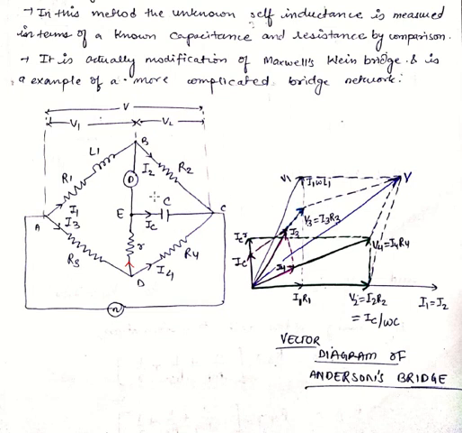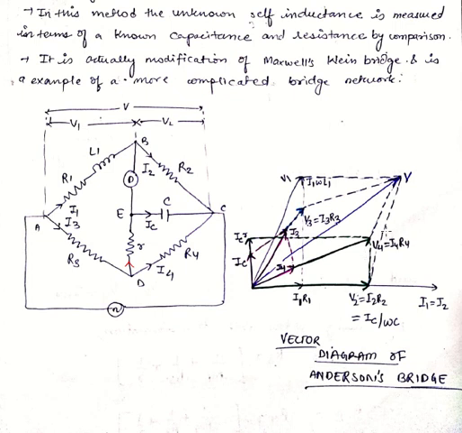The potential across arm EC will be IC divided by omega C. In the same phase as I1, I2, we have V2 equal to I2 R2, equal to IC divided by omega C. The resultant of ICr and V2 will give our V4.